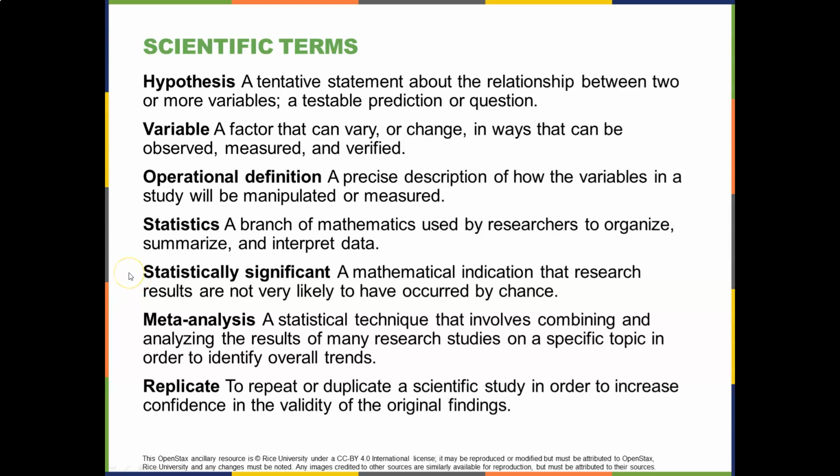So the more statistically significant results were, the less likely that they would have occurred by chance. You'll hear researchers say that quite often. They'll say, I found this to be statistically significant, which means that's good news.